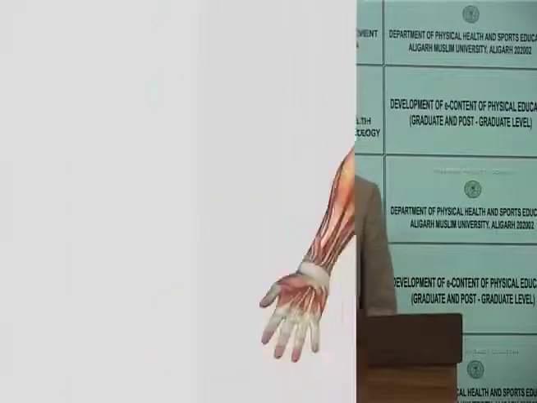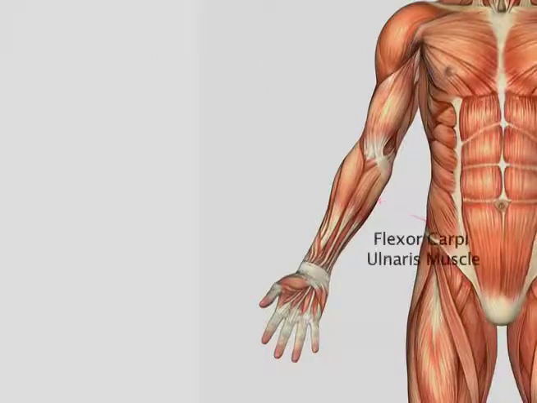Now come to the next muscle of this layer, flexor carpi ulnaris. This is the fourth muscle of the first layer of the anterior muscles of the forearm, and flexor carpi ulnaris has two heads of origin: the humeral head, which comes from the medial epicondyle of the humerus, and the ulnar head, which arises from the medial border of the olecranon as well as from the proximal 1/3 of the posterior border of the diaphysis of the ulna.